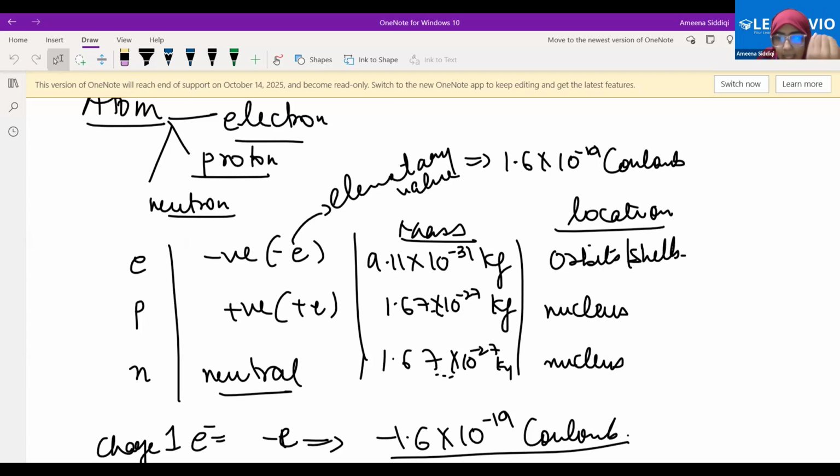Plus 1e, and that makes it plus 1.6 into 10 raised to the power minus 19 coulomb. What is coulomb indicating here? What does coulomb indicate here? This coulomb.